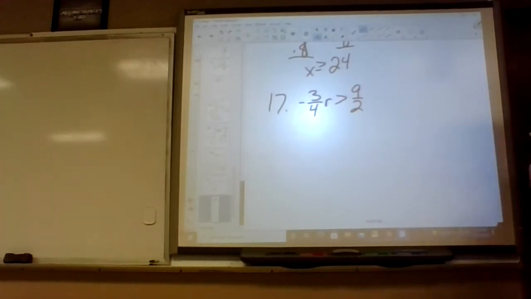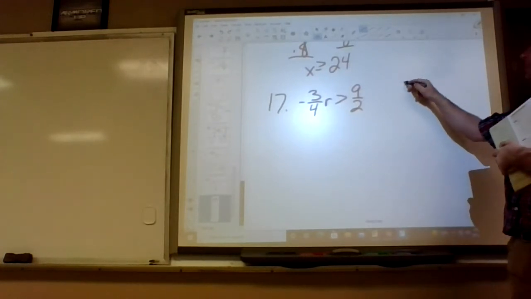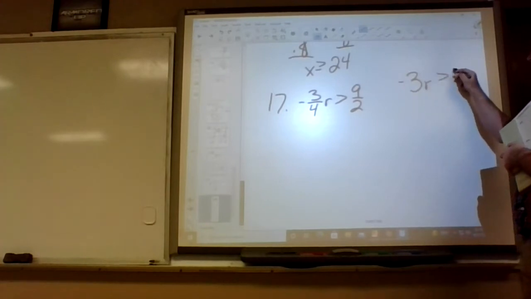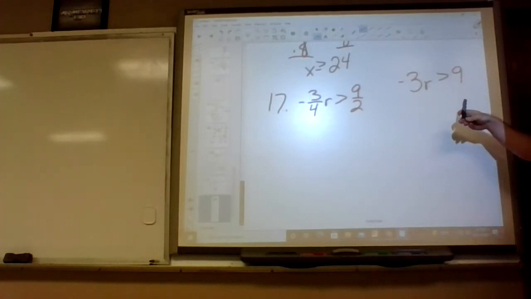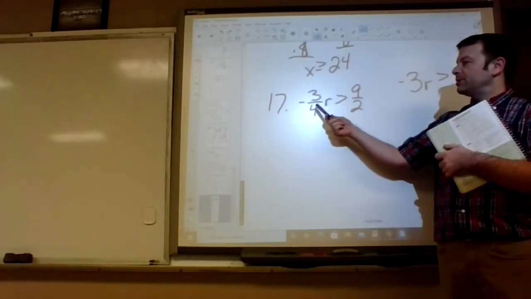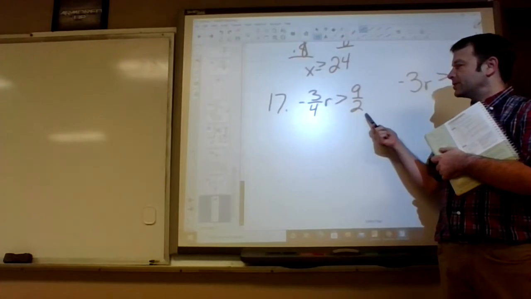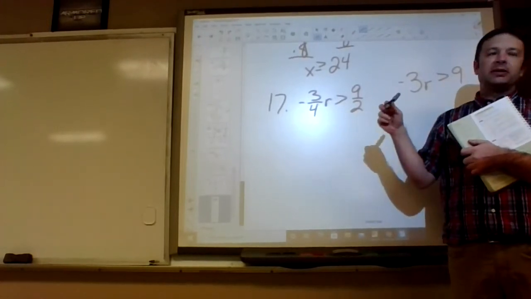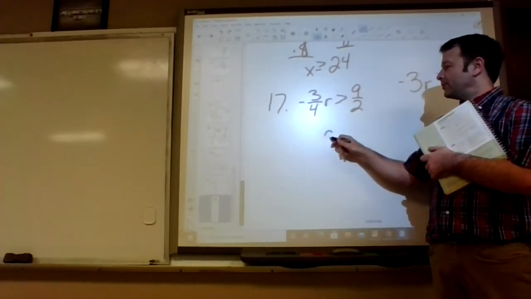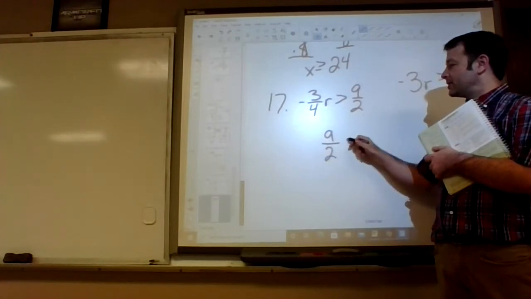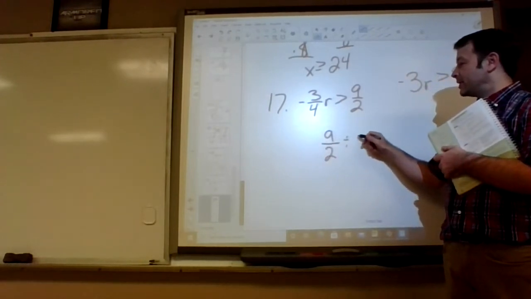Alright, Anna, how do I solve that for R? Multiply by the reciprocal, or you divide by negative 3/4. If the problem had been this, let's make it easier, what would we have done? Divide by negative 3. So we're still dividing, since that's multiplied, we're still dividing by negative 3/4. If I was to plug this in the calculator, you could just do 9/2 divided by negative 3/4.